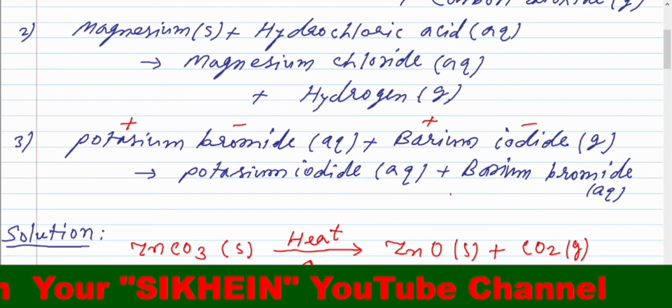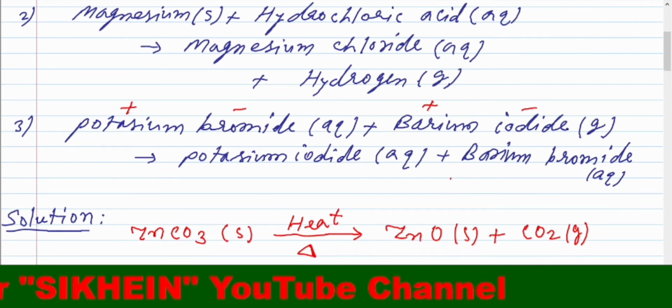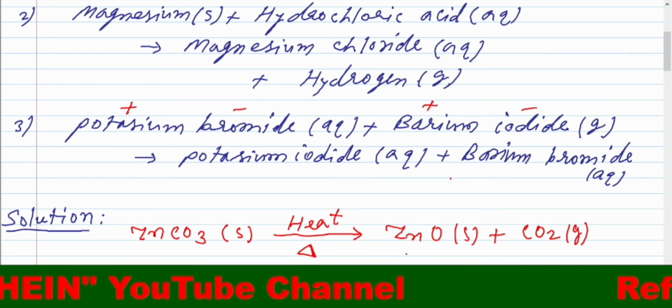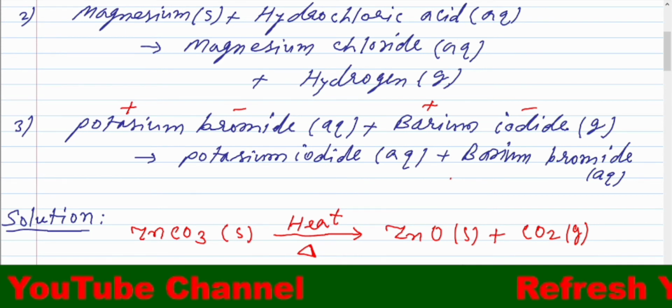In the second, magnesium plus HCl, then react, we get magnesium chloride and hydrogen.